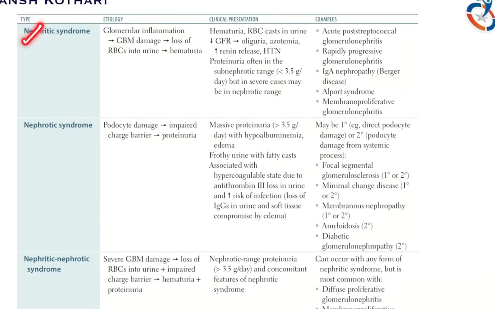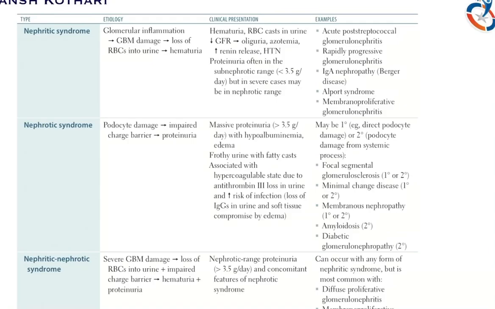So, in nephritic syndrome, it is glomerular basement membrane damage which leads to RBC release. In nephrotic syndrome, it is majorly caused by podocyte damage, which leads to an impaired charge barrier, and hence proteins are released, and the symptoms are basically due to hypoproteinemia, whereas in nephritic syndrome it is due to the release of RBCs.